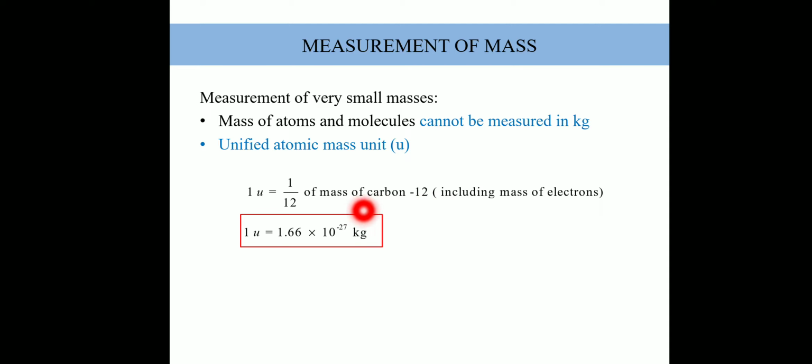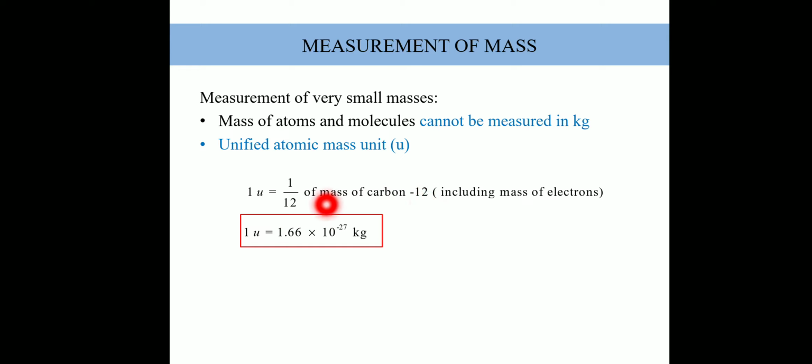In chemistry you would have studied that there are many isotopes of carbon, and because the carbon-12 isotope is abundantly available on earth's surface, we compare the mass of an atom to the carbon-12 isotope.